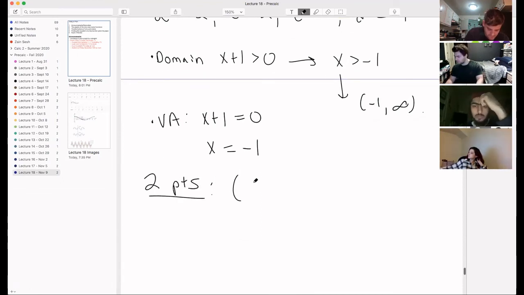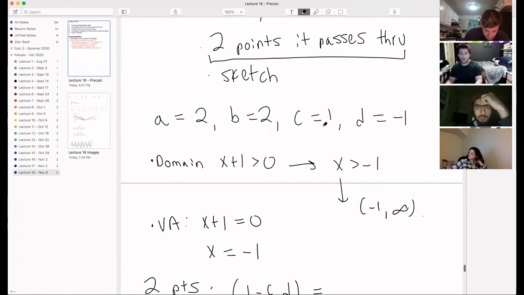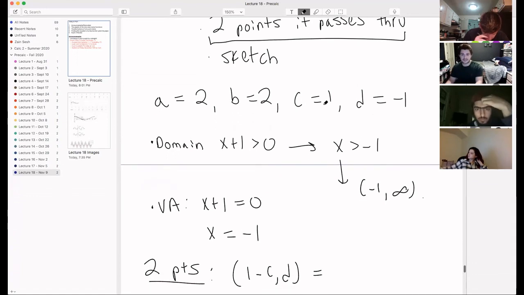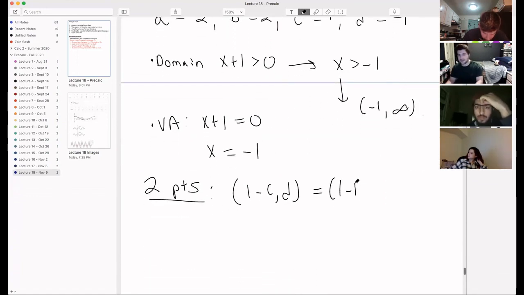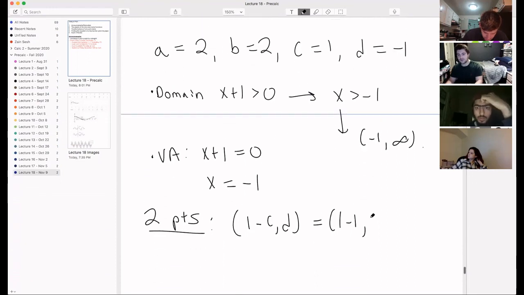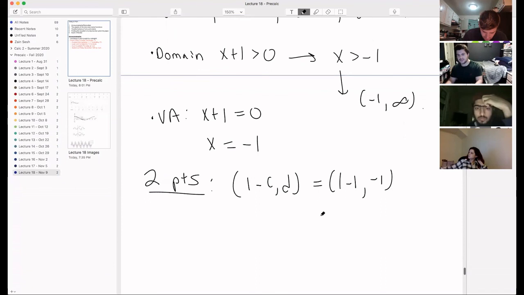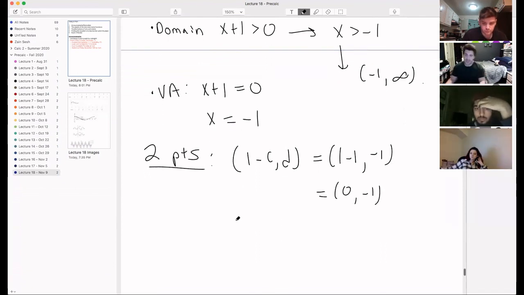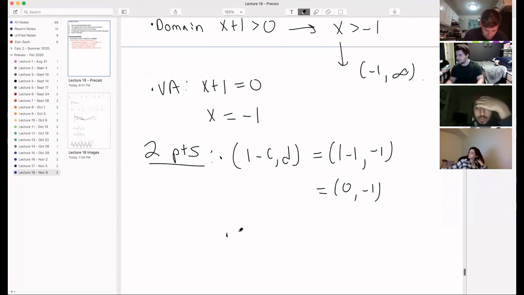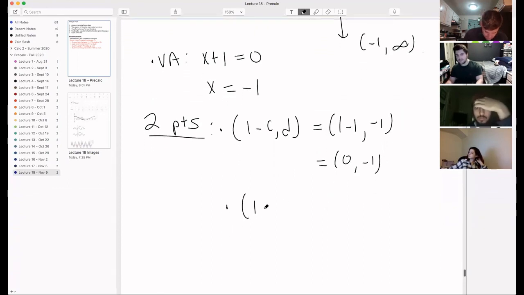Now the 2 points it passes through. So what was it again? It's 1 minus c comma d. So 1 minus c, it's 1 minus 1 comma -1. This is 0, negative 1. And the second point is b minus c comma a plus d.